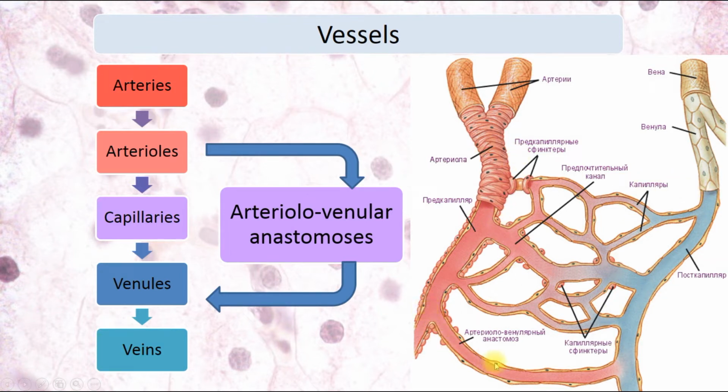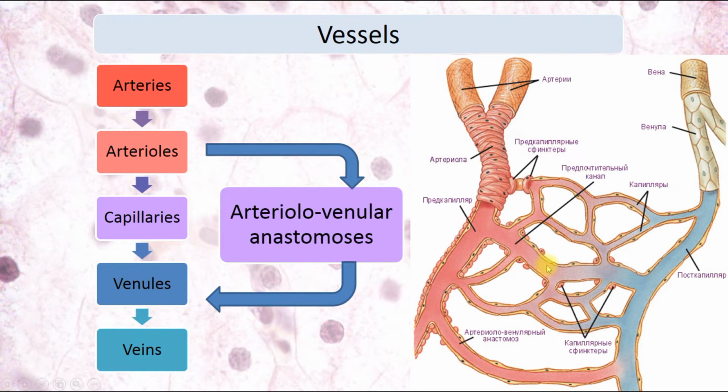In this case, blood goes directly from arteriole to venule without passing through the network of capillaries. Why do we have this type of anastomosis? This type of blood vessel regulates blood flow in the microcirculation.